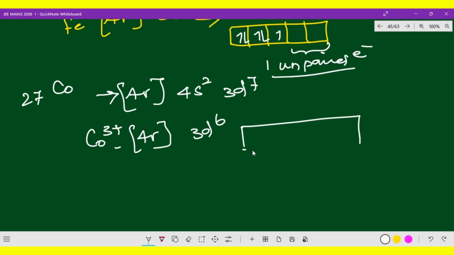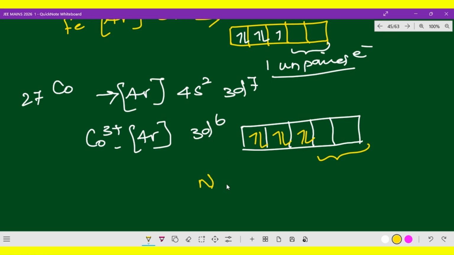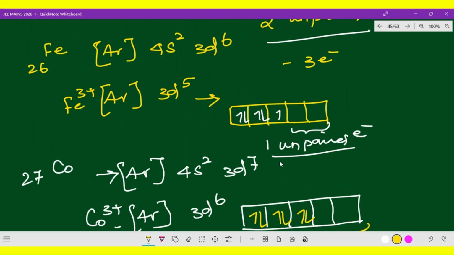When you draw the electronic configuration, 1 2 3 4 5, right? Now the last two orbitals you just leave, low spin complex. 1 2 3 4 5 6. So that means no unpaired electrons. No unpaired electrons.